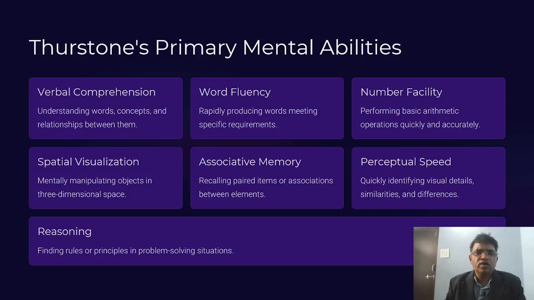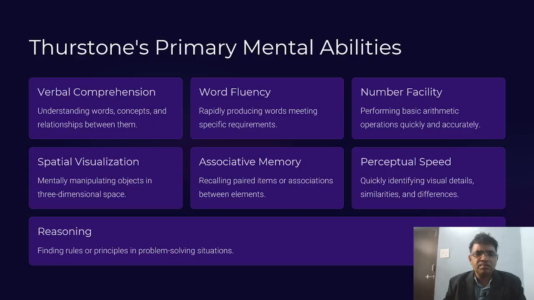Verbal comprehension: understanding words, concepts and relationships between them. Word fluency: rapidly producing words meeting specific requirements. Number facility: performing basic arithmetic operations quickly and accurately.